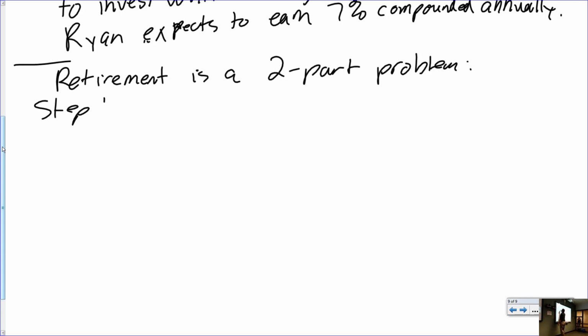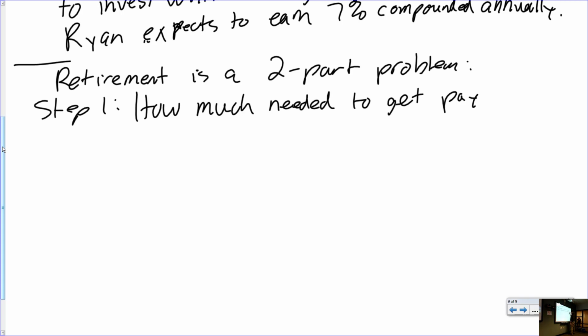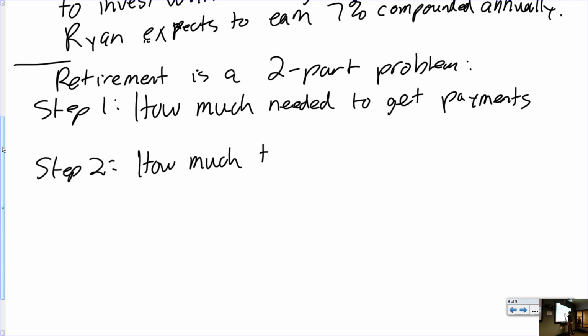Step 1, how much needed to get payments. And then step 2, how much to invest to reach goal.